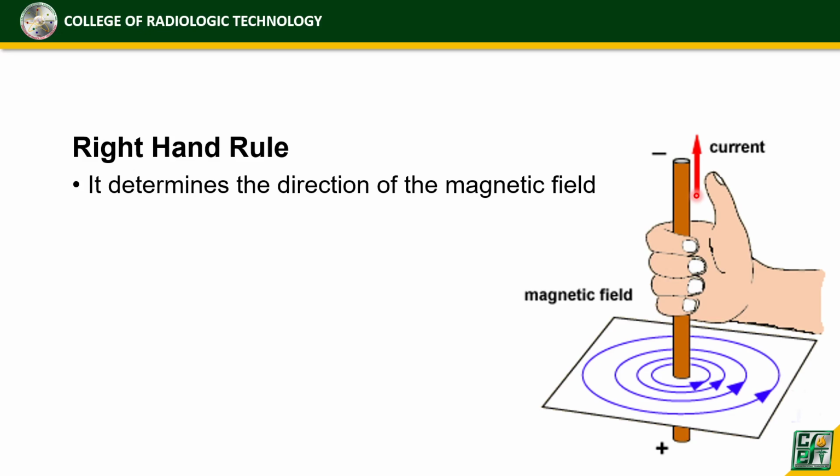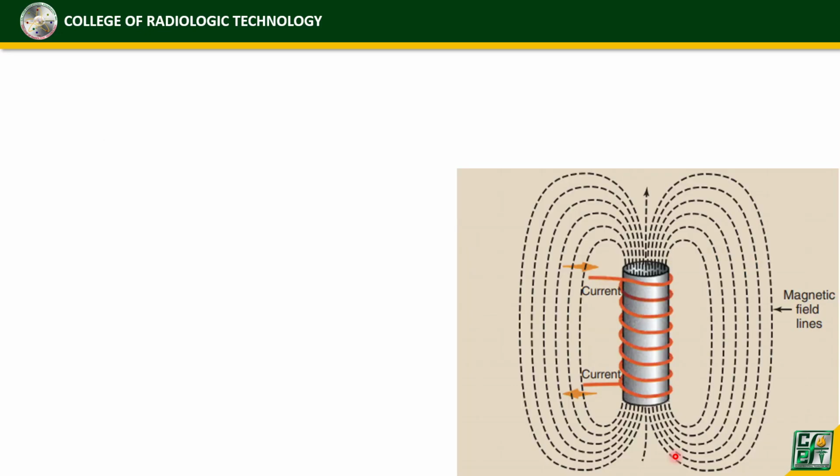Okay? Siya yung right hand rule. Magnetic field, ito yung direction. Then yung current niya is upwards. Okay? Clear ba? Ito yung example.